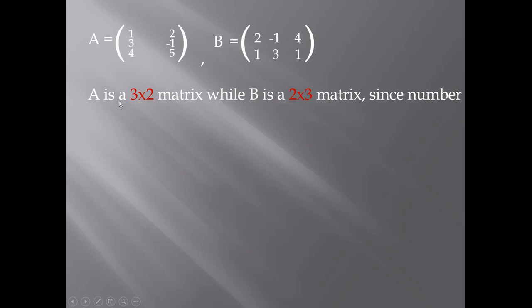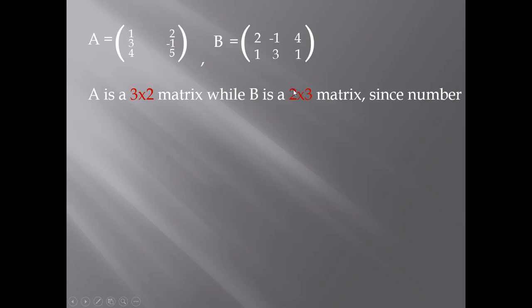Is A times B possible? The answer is yes. Why? You realize that the columns here are 2. These are 2 columns. And the rows here are also 2. You can see this. This is 2. This is 2. So columns in the first matrix are equal to rows in the second matrix.